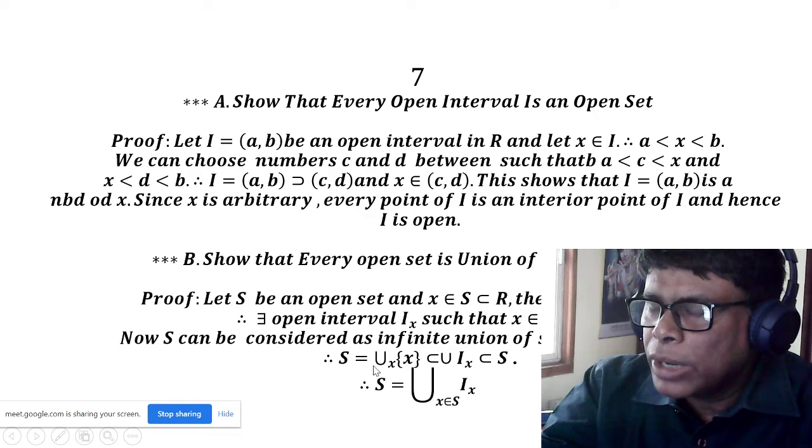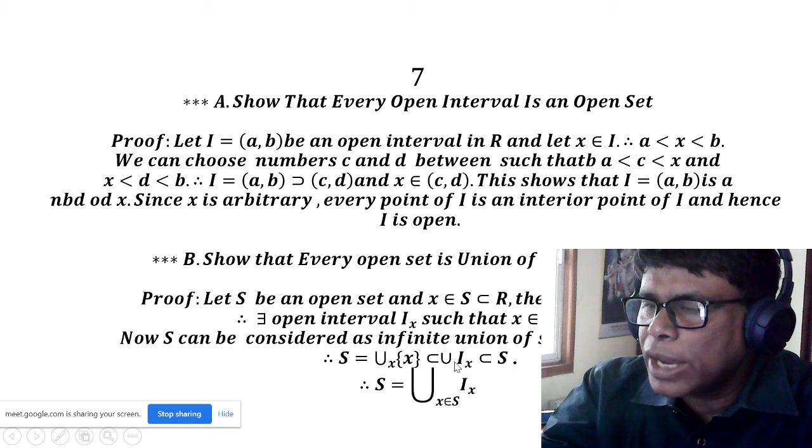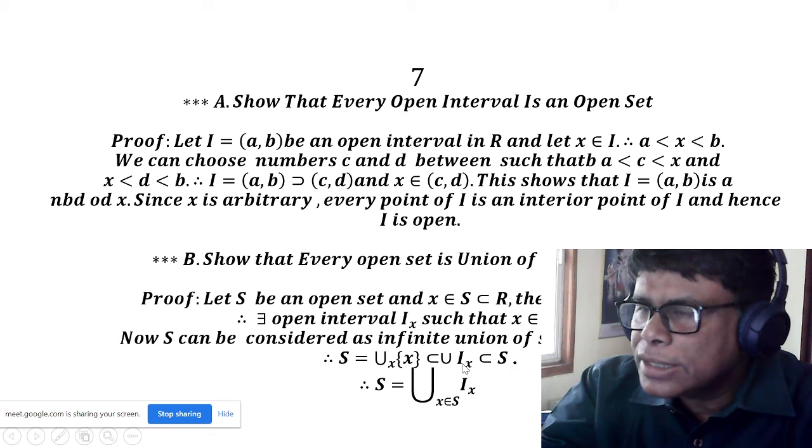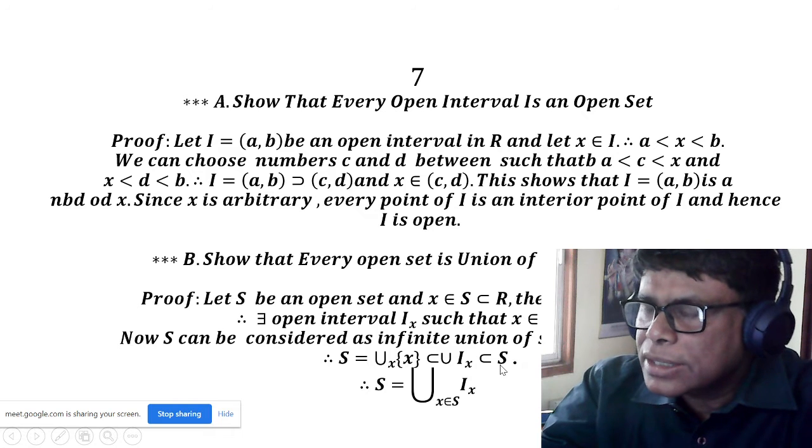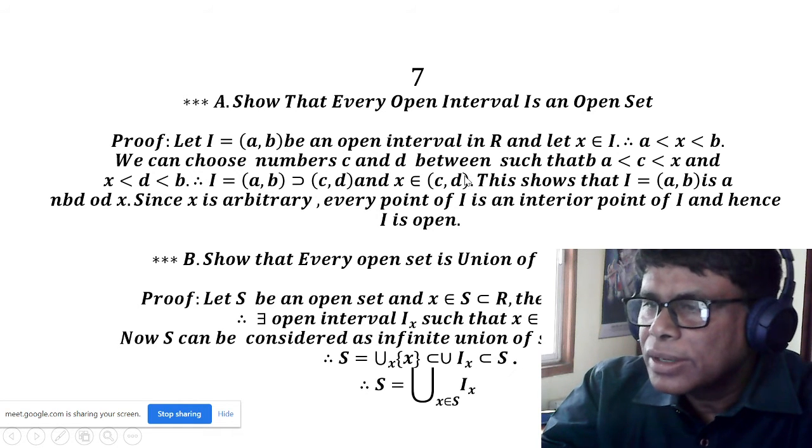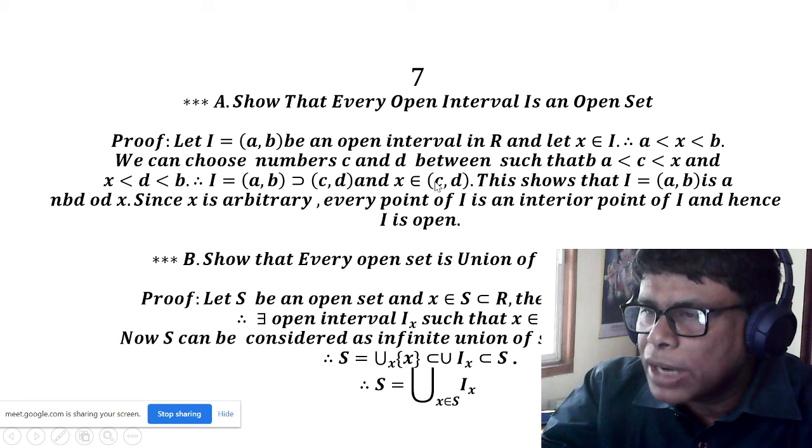So we have written the union over x of all Ix, and that is contained in S, and this union cannot be more than S. These unions are nothing but like CD.